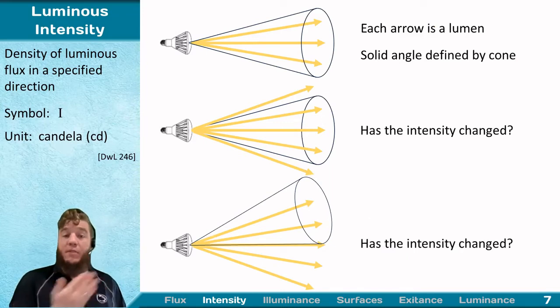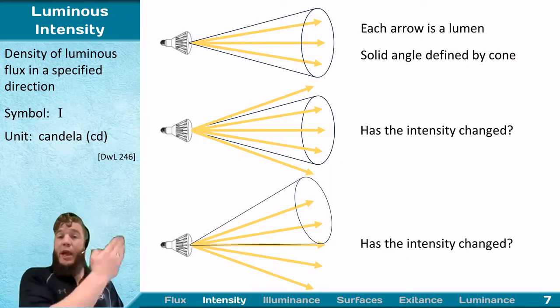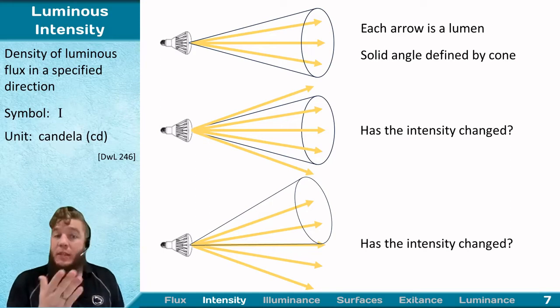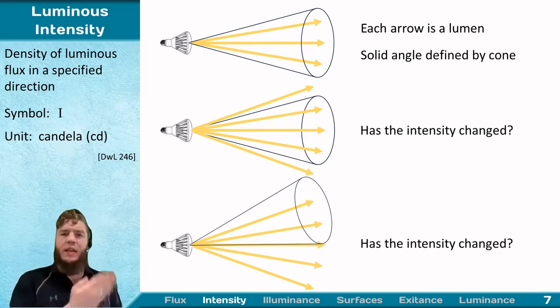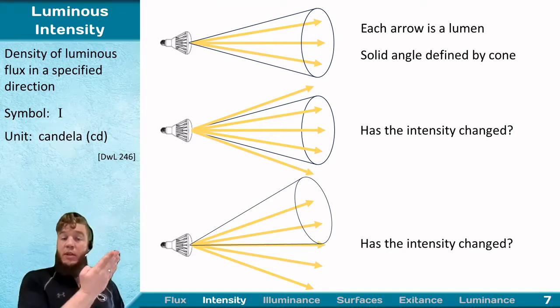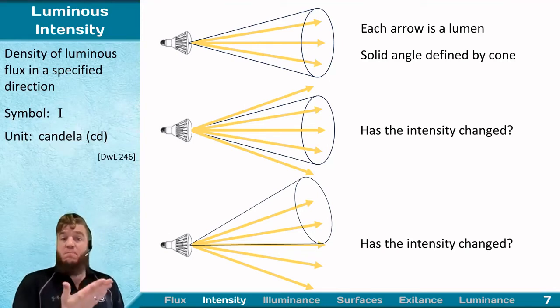So let's take a look at some quick examples here. At top, we have our default option. In other words, each arrow is a lumen, let's say, and the solid angle is defined by the cone. First off, we have the middle cone, and what I drew there was just additional arrows outside the cone.